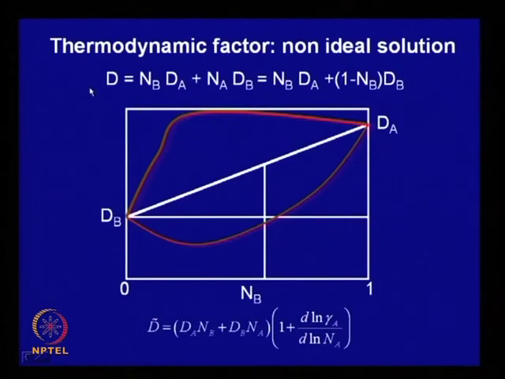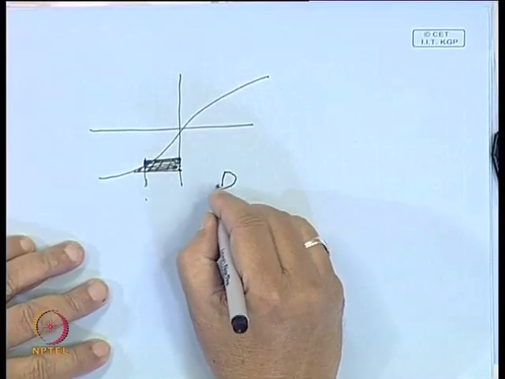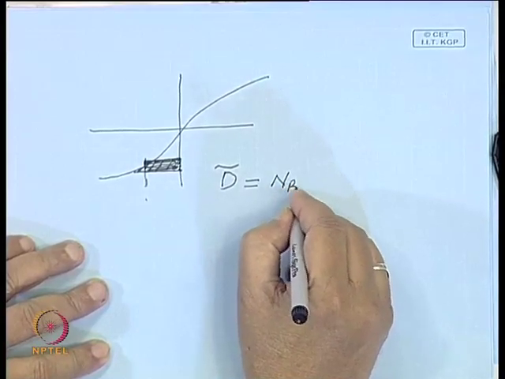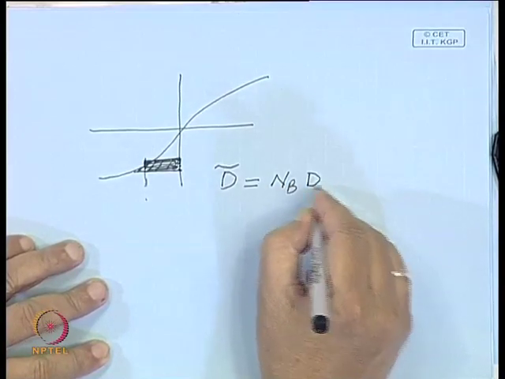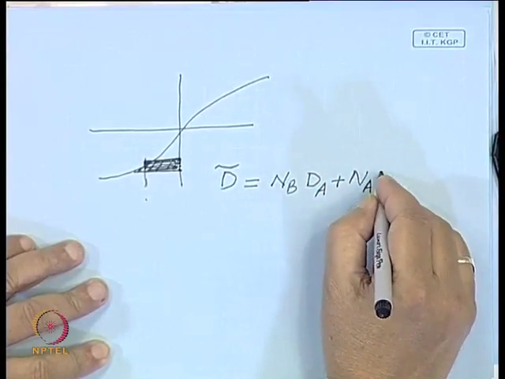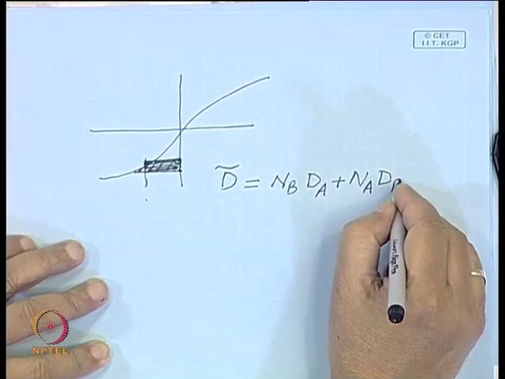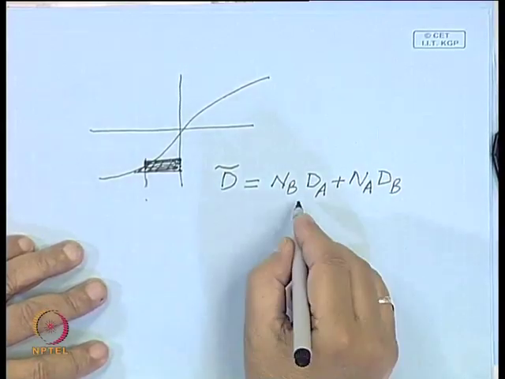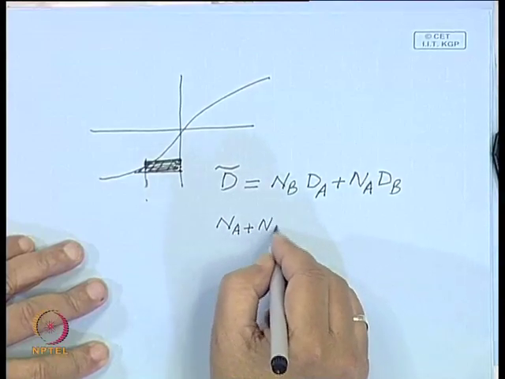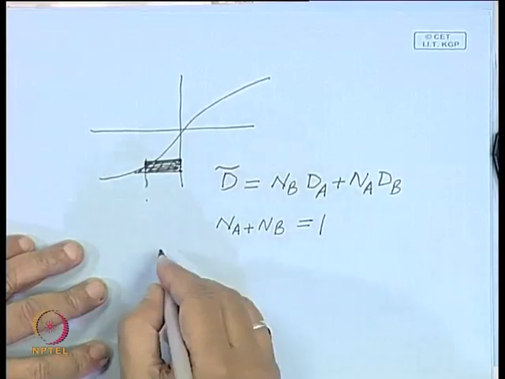Now, when we derived the Darken expression, you will recall that the interdiffusion coefficient was derived as Nb times the diffusivity of A plus Na times the diffusivity of B. Here we know that Na plus Nb equals 1.